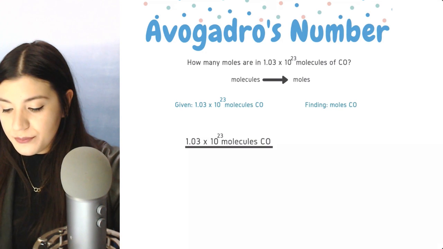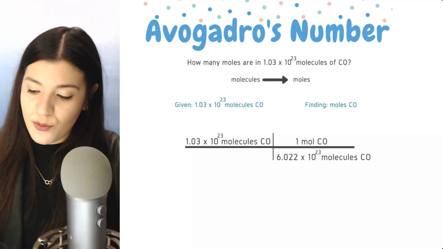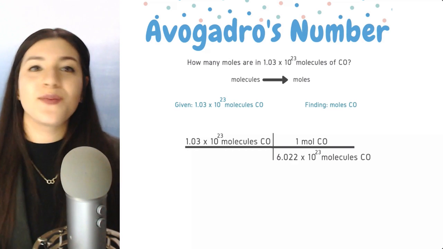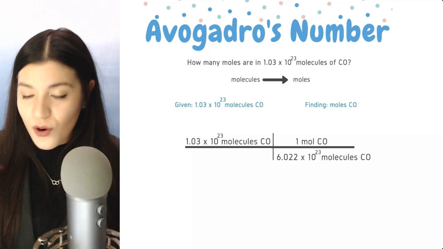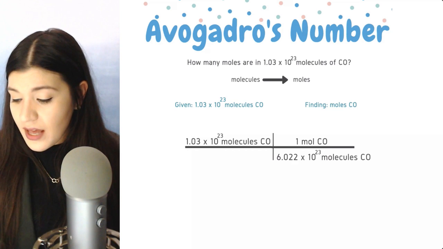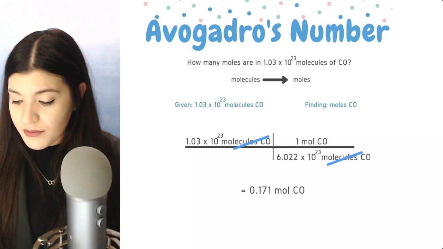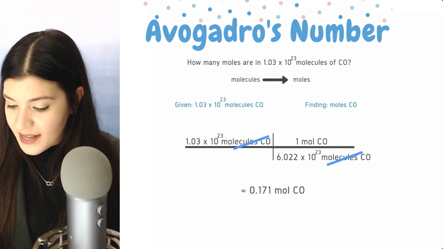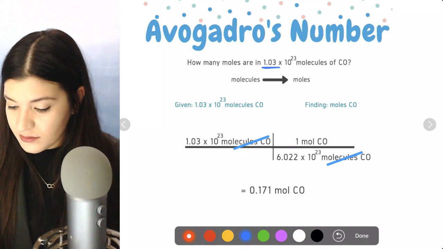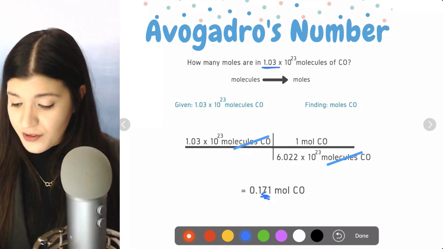So I'm going to start off with our given, and then on the bottom, Avogadro's number. That's because it has to go with molecules, atoms, particles, and formula units, and we're always aligning those units across from each other. So next, that'll give us moles. Those would cancel out, and that would give us this amount of moles. And then lastly, we know how many sig figs to round to because this is 3. So 3 sig figs since we started off with 3 altogether.